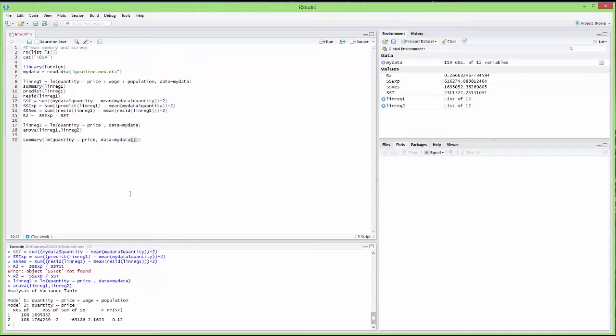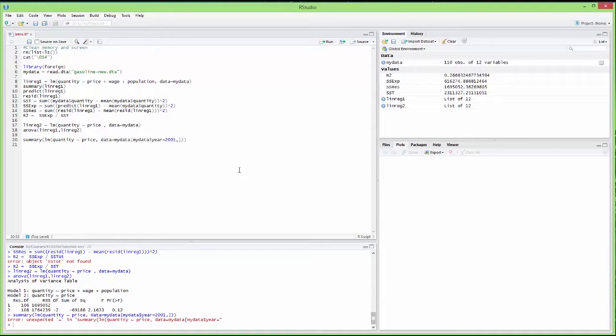So I'm going to open the square brackets here. And within the square brackets, I'm going to say I want only observations where my data year is equal to, for instance, 2001. So I'm going to run the regression on the 2001 data only. And then comma, and I leave the second space empty to say I want to use all the variables for my data.